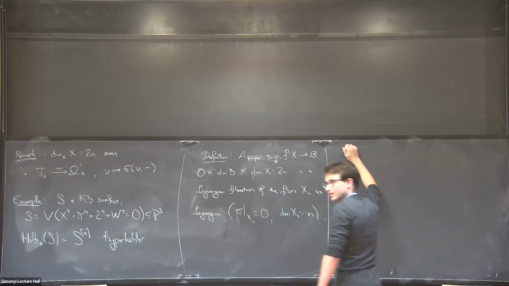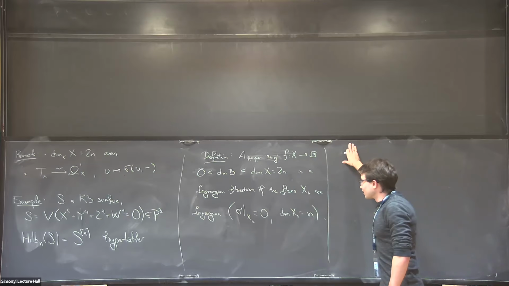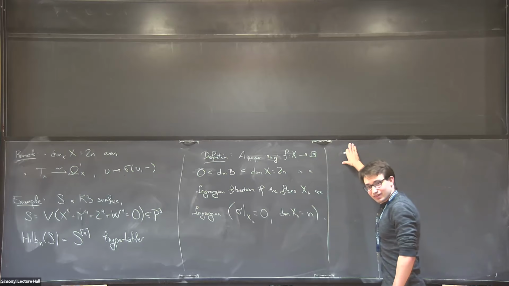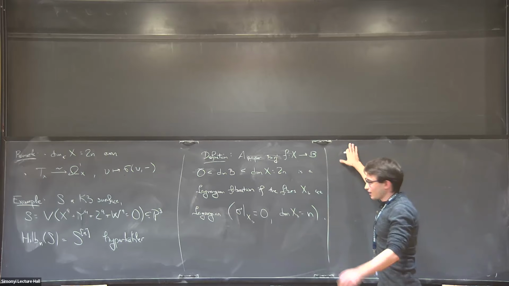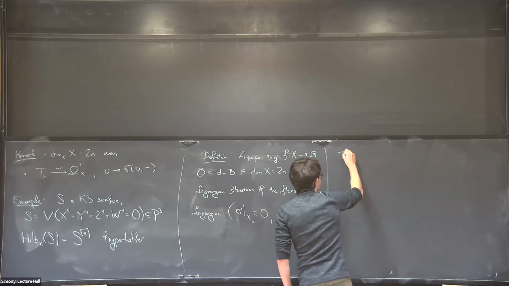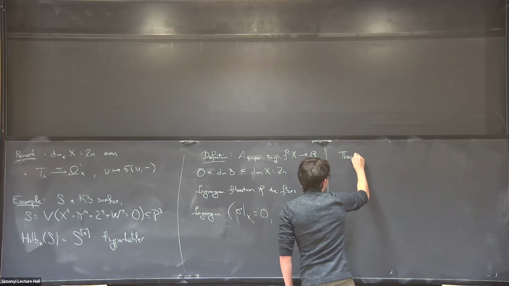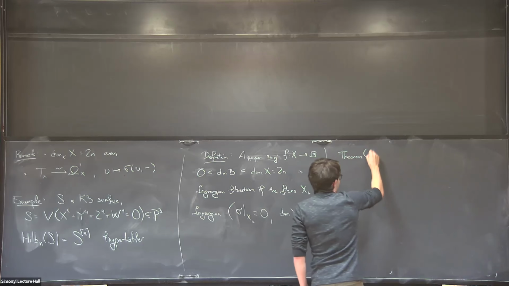So the first part of the definition is for fibration. The theorem is that for a hyperkahler, any fibration is a Lagrangian fibration. Here, let me just state the theorem. This is due to Matsushita.